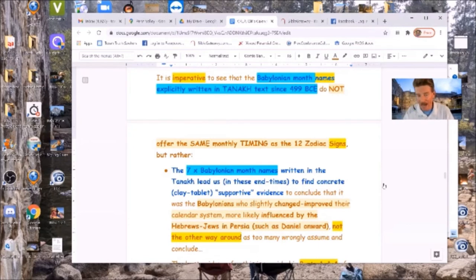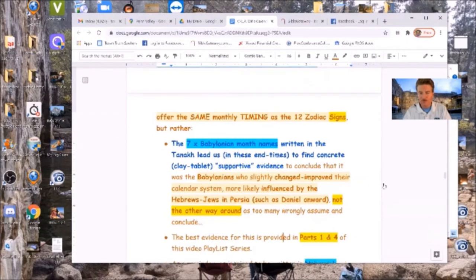Not the other way around, surely, as many wrongly assume and conclude without enough evidence or proof.